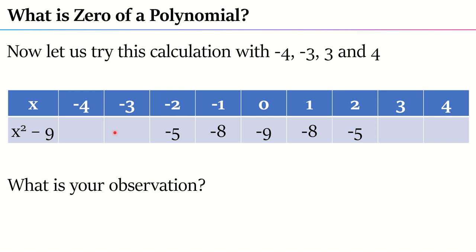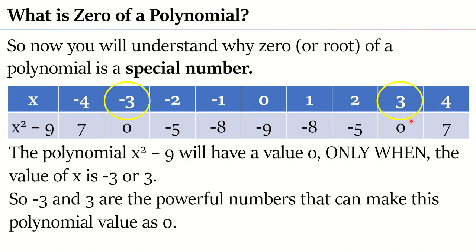Okay. So let me now extend this calculation to two more numbers, minus 3 and 3. What is the observation? What was the value of the polynomial for these two? You will find for minus 3 the value of polynomial is 0, as well as for 3 the value of polynomial is 0.